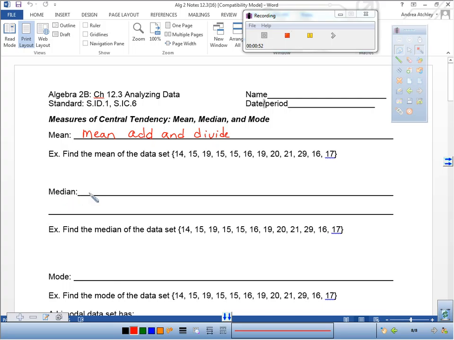Okay, the median is the one in the middle of the line. We'll explain that in a second.